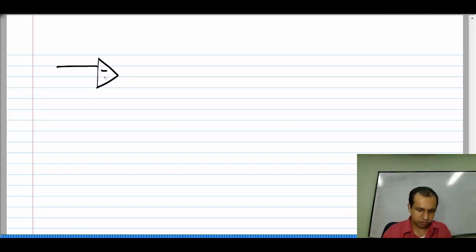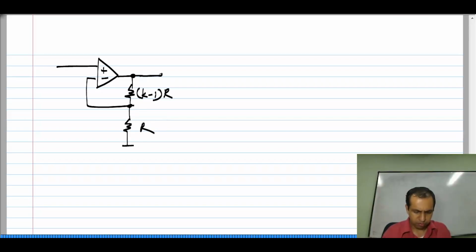This is an amplifier of gain k, and I connect some Rx.